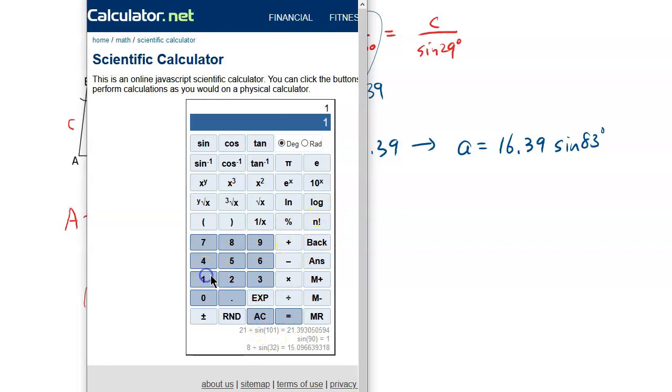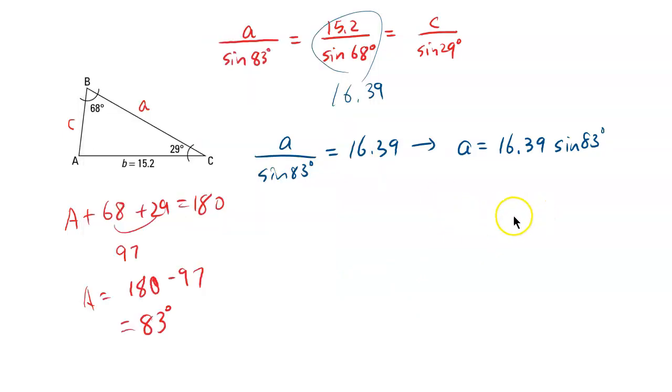Let's do that again. 16.39 times sine of 83 degrees. And 16.267, that rounds up to 16.27. So that's 16.27.